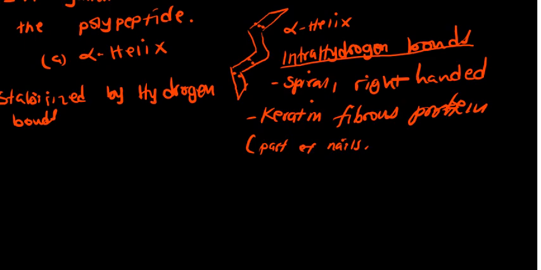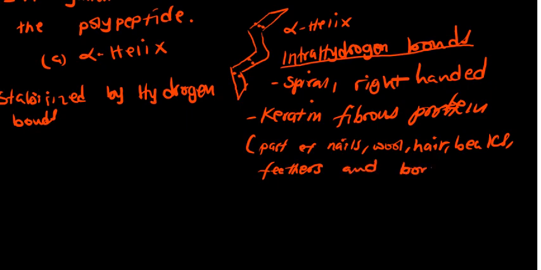You find it in the structure of nails, wool, hair, beaks, feathers, and bones. So that's why you find this one. So keratin is entirely alpha helix.